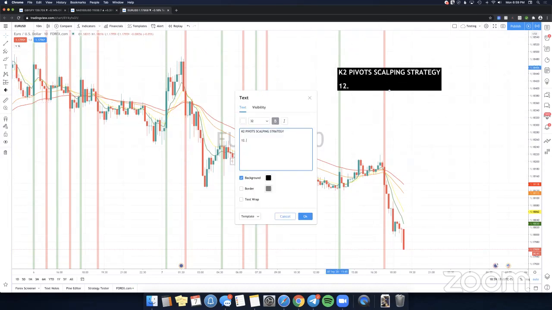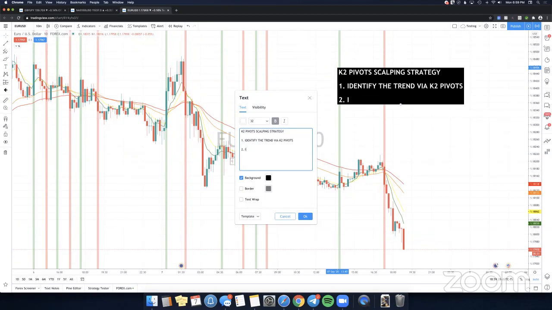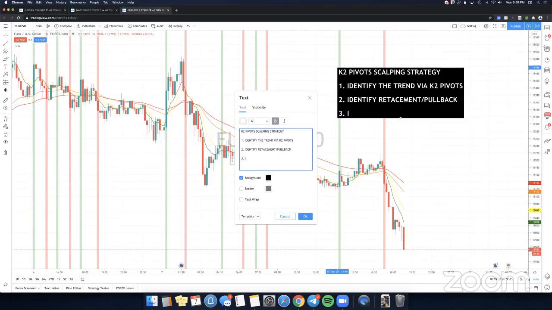So the first requirement is to identify the trend via the K2 pivots. Next, we'll identify the retracement pullback placement. Then third, identify rejection of the K2 pivots area.